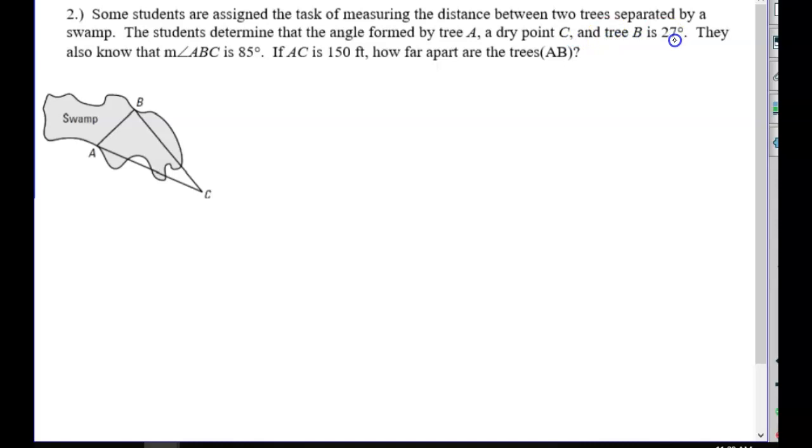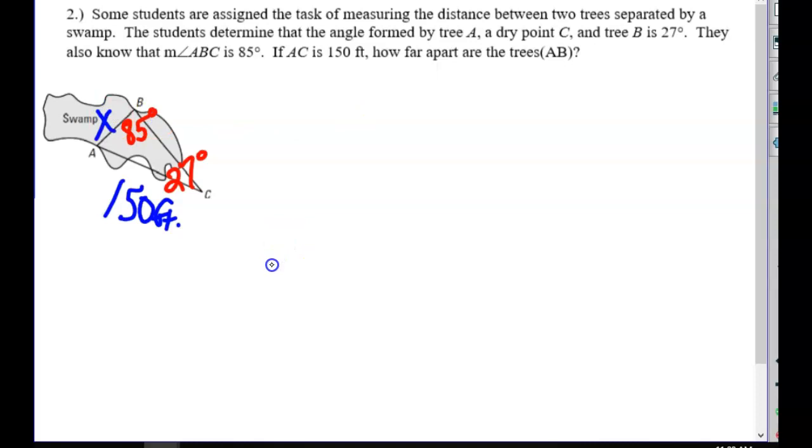Where are we going to put the 27? Yeah, it says A to C to B is 27. Written kind of weird. We also know that ABC, the angle at B, is 85. If A to C is 150 feet, how far apart are the trees AB?